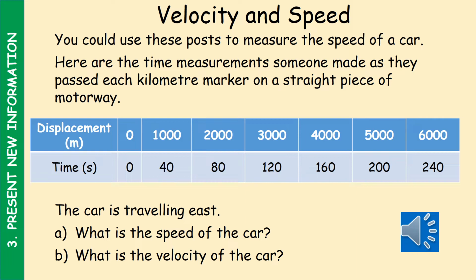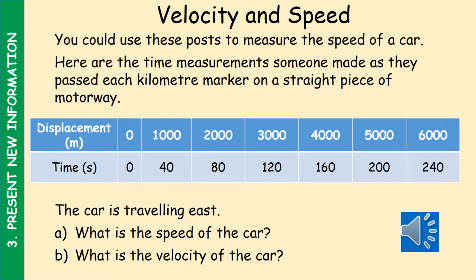Because it's the same interval of time for all of those, you could pick any of those pairs of distance and time. I could pick the 4000, for example. I could do 4000 divided by 160, and I would still get 25 meters per second.